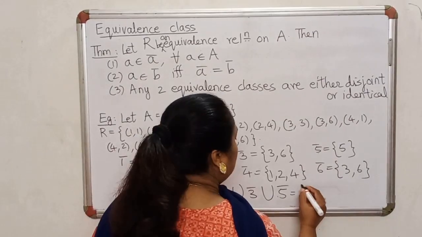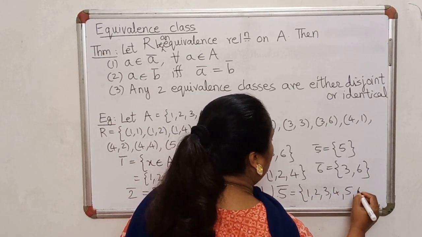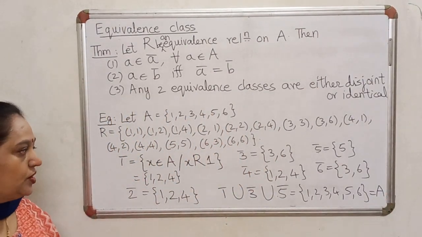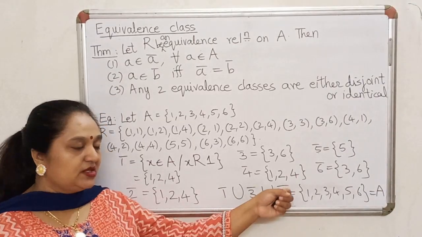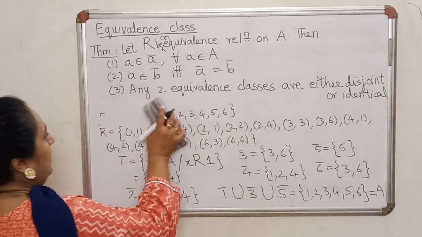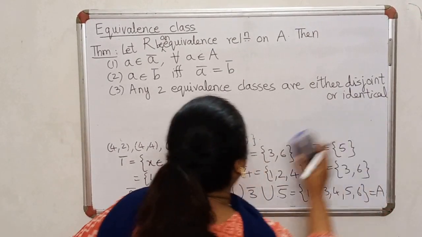You'll notice that it is equal to, remember, order of the elements in a set is not important, so ultimately this is what you'll get. So at least from the example it looks obvious that if I take the union of distinct equivalence classes, I'm going to get my entire set, and that I will state as property 4.